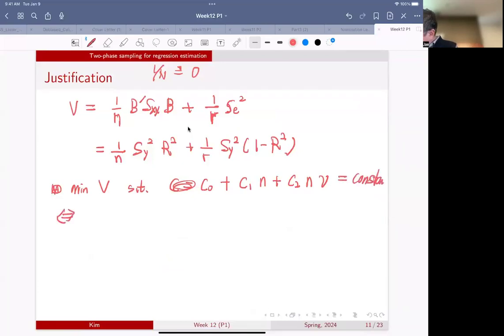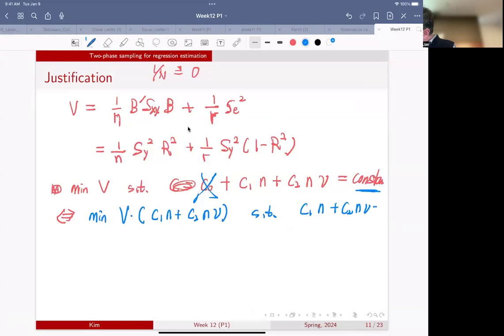Because this is constant and this is also constant, you can remove it. If you subtract, this is also constant. And so then basically you can write it as C1 n plus C2 n nu subject to C1 n plus C2 n nu is constant.